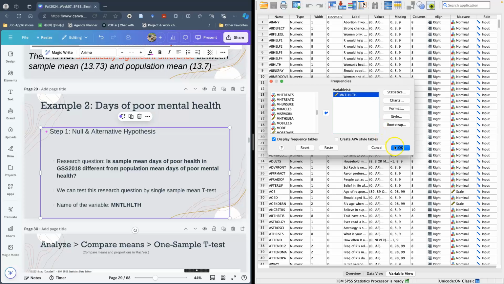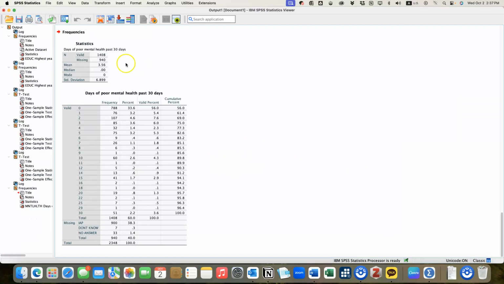And then let's see. Alright. So 1408 cases. There are many of the missing values. I don't know why. The mean is 3.56. So indicates that in our sample data, General Social Survey 2018 data, averagely, the people had 3.56 days of the poor mental health days in the past 30 days.